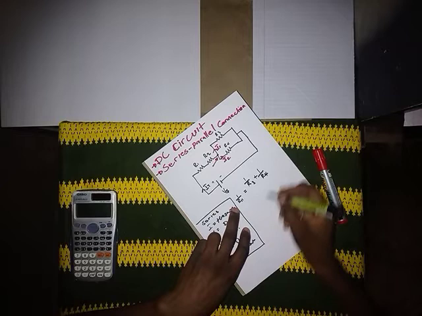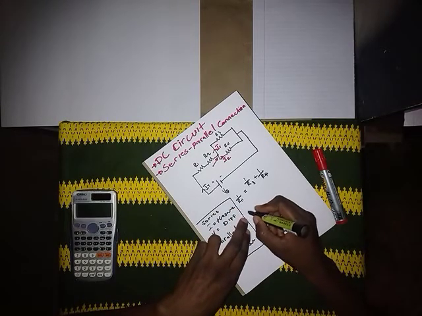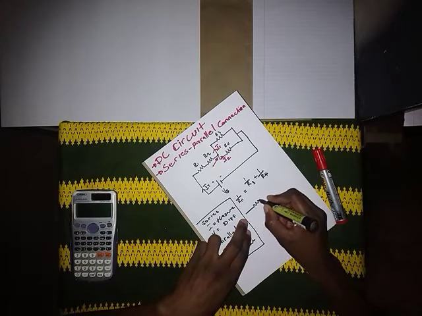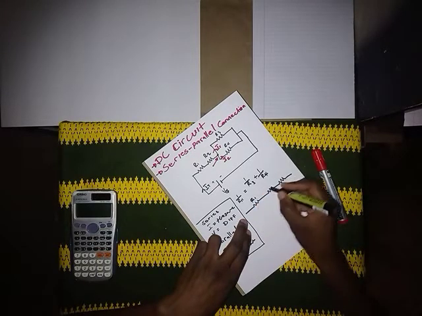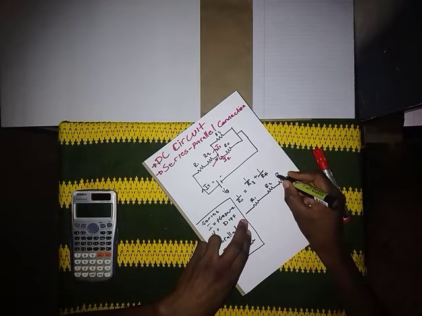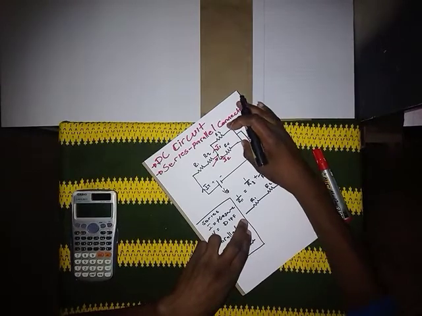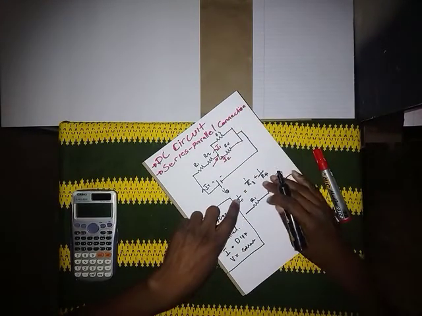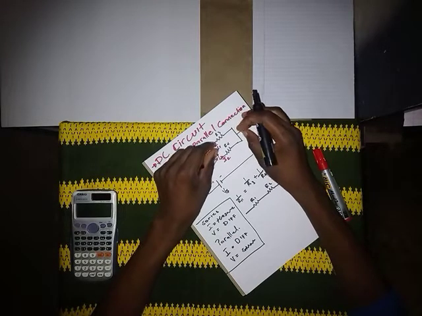After you've got your R parallel, your circuit now is going to be like this. You're going to have R1, R2 and R parallel. If you calculate this parallel resistor using this formula, that means they are going to be squeezed into one circuit.